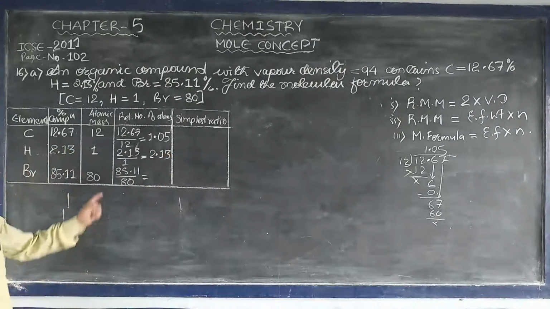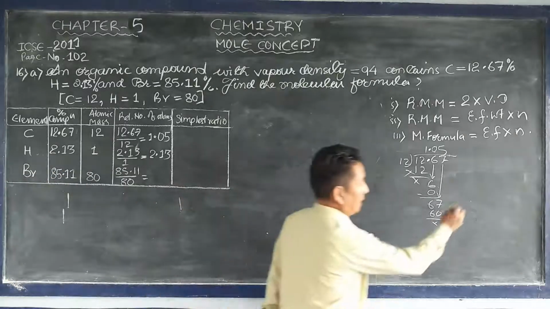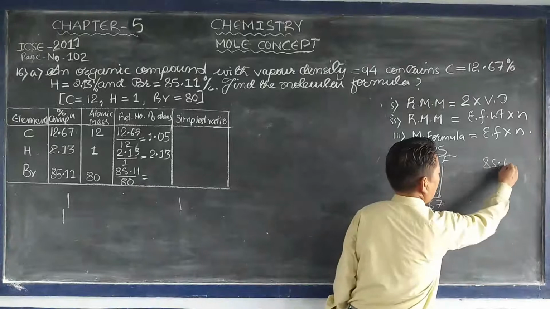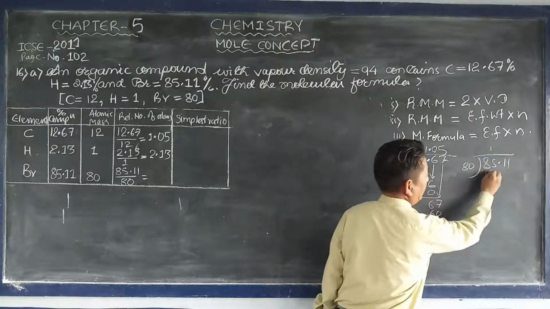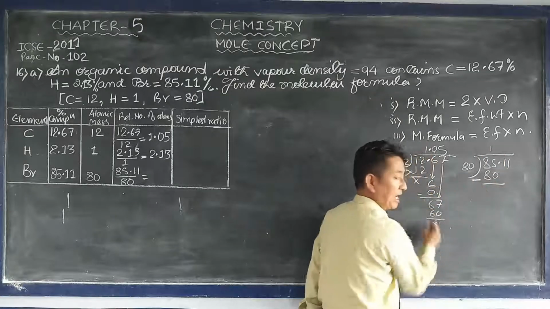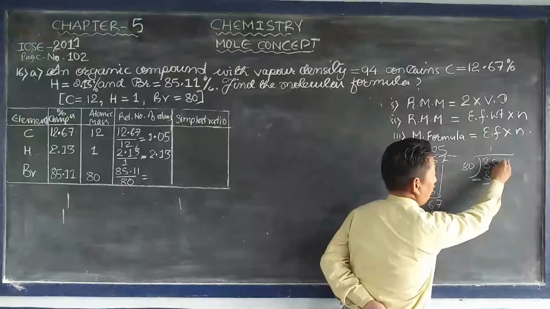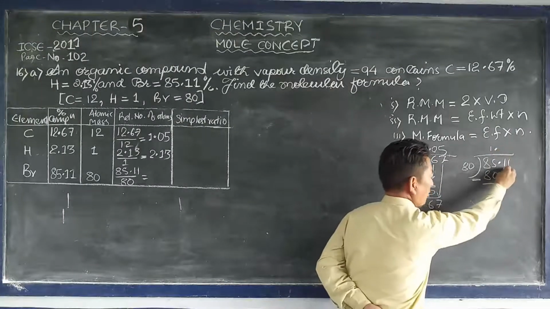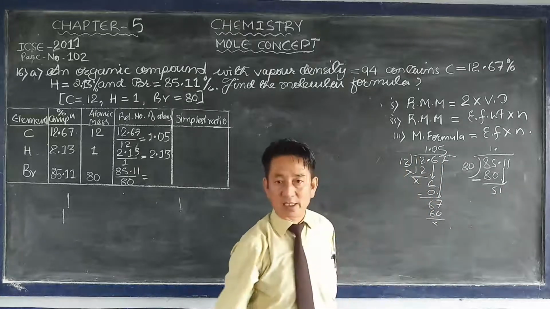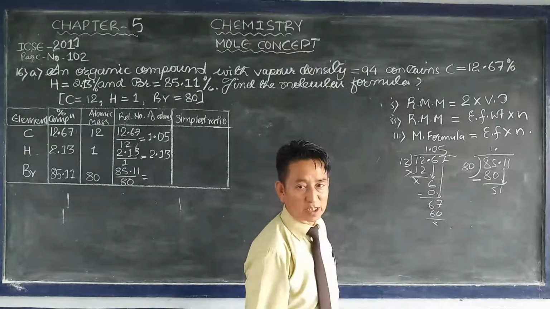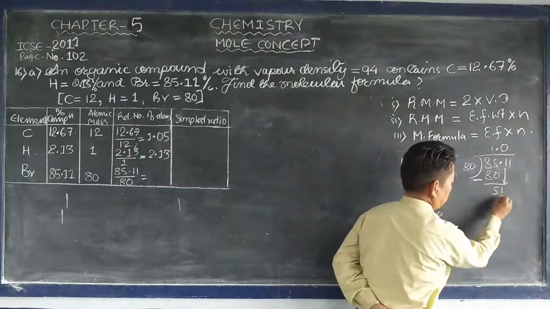Now next, here 85.11 is divided by 80. 8 ones are 8, 80. Then subtract this 80 from 85, 5. Here decimal point. First here put decimal point. Then bring this one here. So 51 is less than 80. We cannot divide this 51 by 80. So first here 0 times.